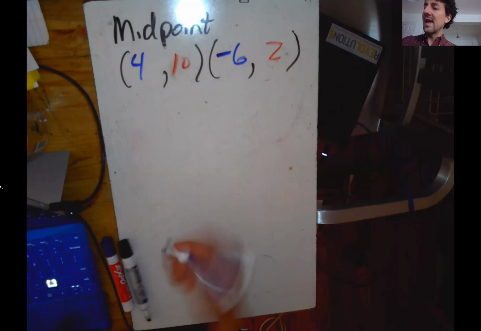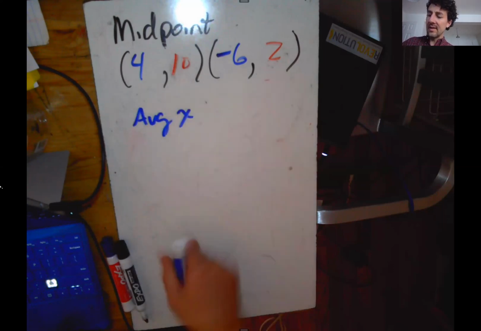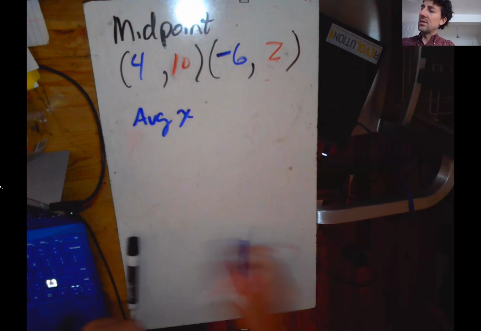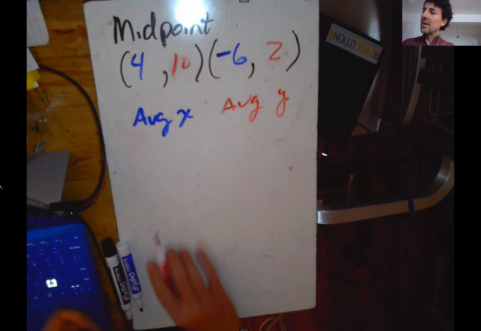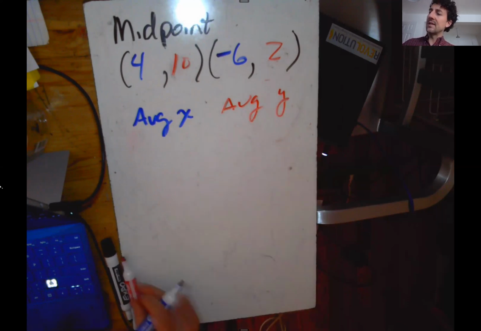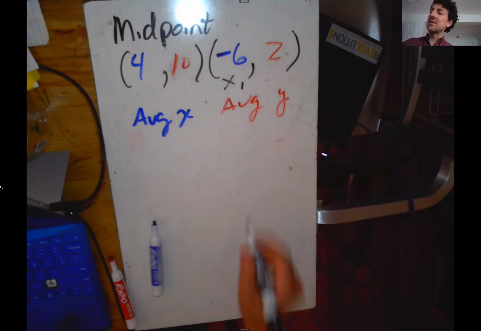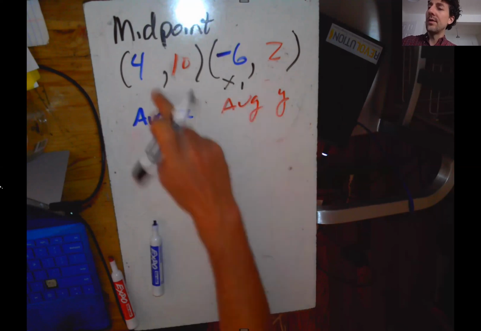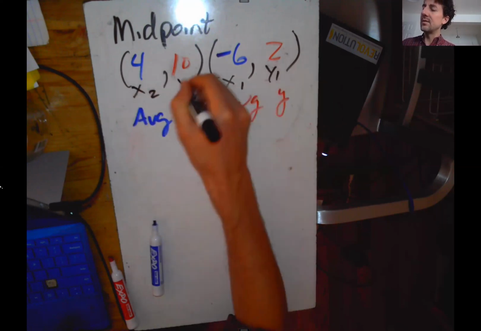We're going to find the average of x, and we're going to find the average of y. To find the average of x, we'll take the two x values. Technically, I want to call this one x1 because -6 comes before 4. x2, y1, and y2.